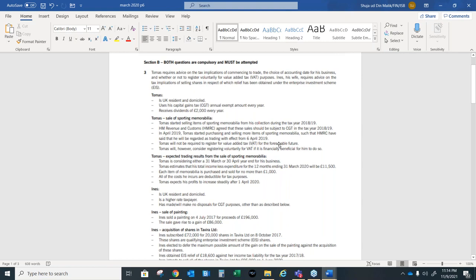So here one implication is very important. If Thomas asks you for advice on business asset relief, you have to be very sure that business asset relief can only be obtained from 6 April 2019 onwards, when he was considered trading. Reliefs on trading assets, the assets involved in trade, are given once you are in trade.